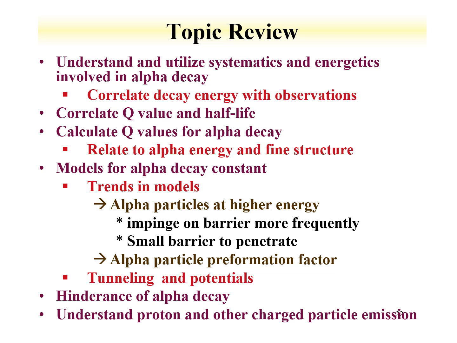We also talked about the preformation factor, that an alpha particle may not always be sitting in the nucleus, that it needs to be formed in the nucleus and then impinge upon the barrier. This can account for some of the differences between the model and the observations, particularly for non-even nuclei. We talked about tunneling and potentials.